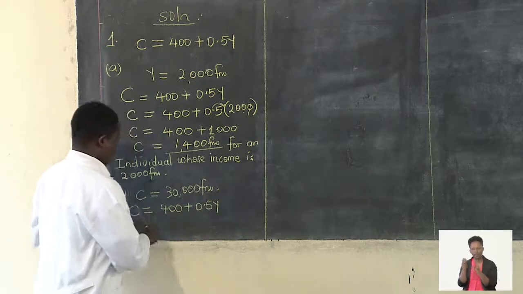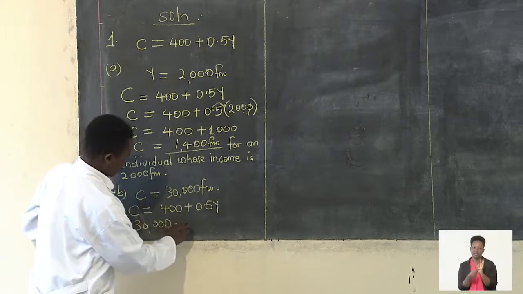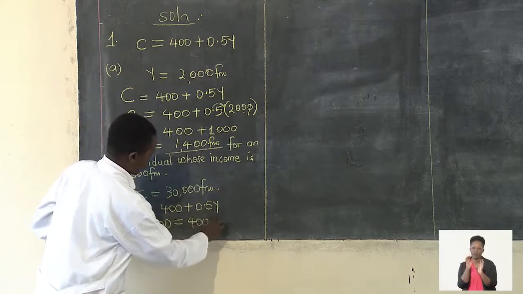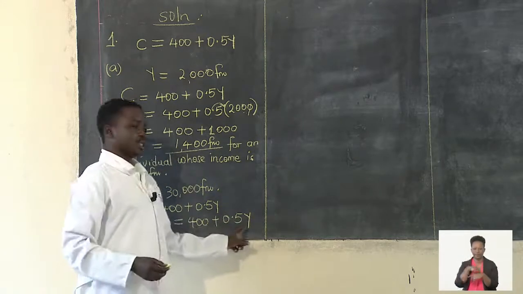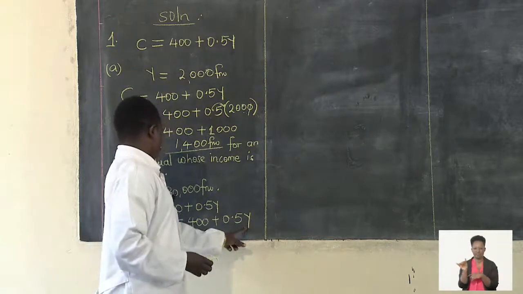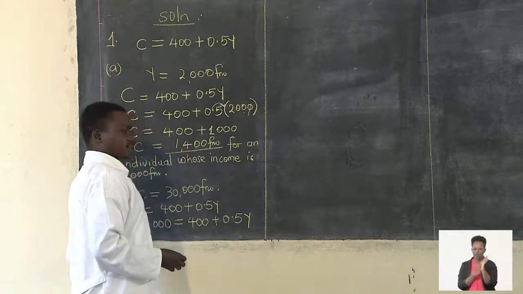So in this case, our consumption expenditure is 30,000, which is equal to 400 plus 0.5Y. So we need this disposable income of this person whose consumption expenditure is 30,000.